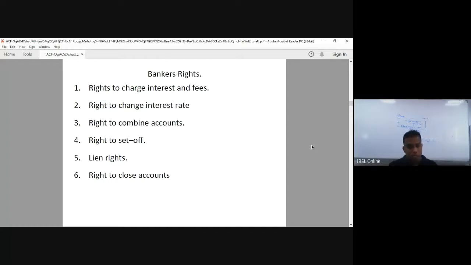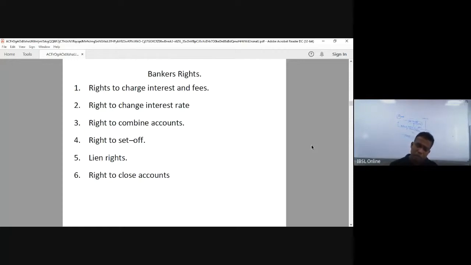Then the nature of the customer, the type of the customer, also you have to consider when you give notice. Whether it is an individual customer, a partnership, or a corporate customer. If it is a corporate customer, a company which has a lot of transactions per day, then you have to give the customer a long period as a reasonable time to make arrangements.